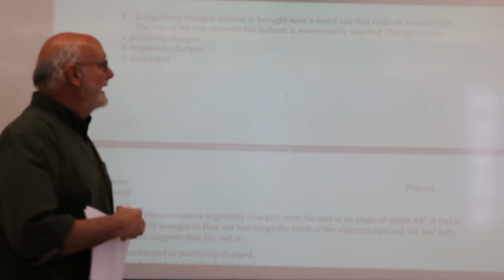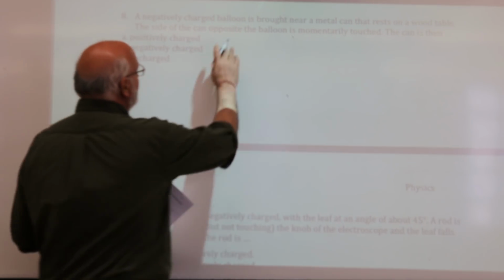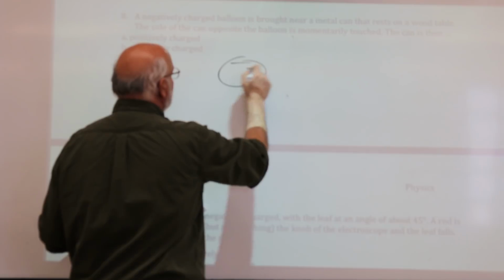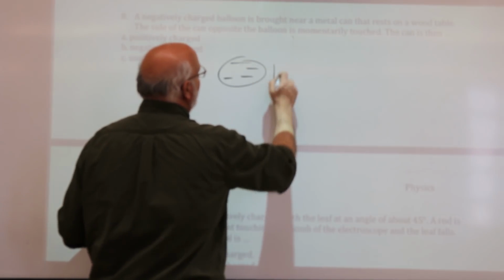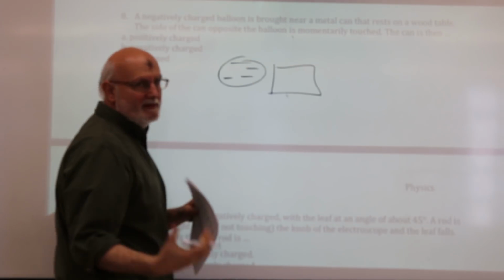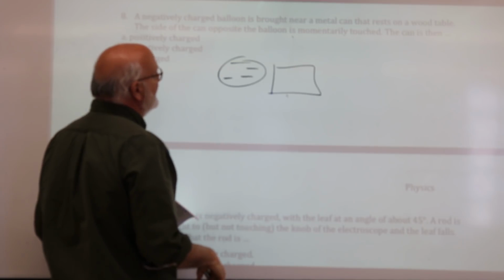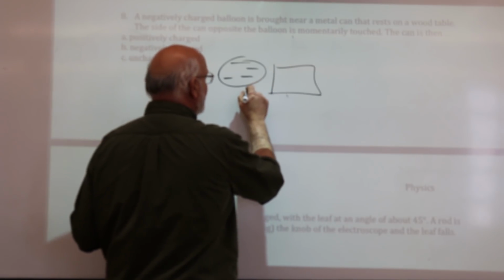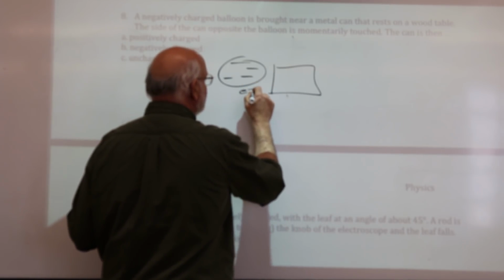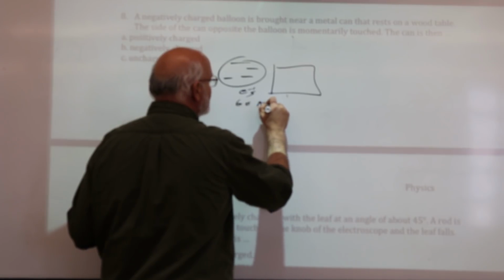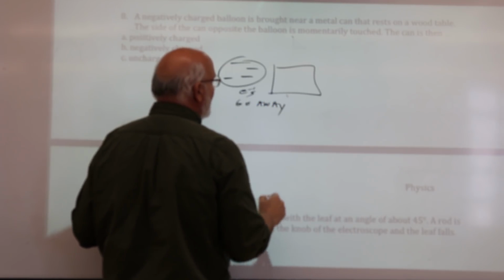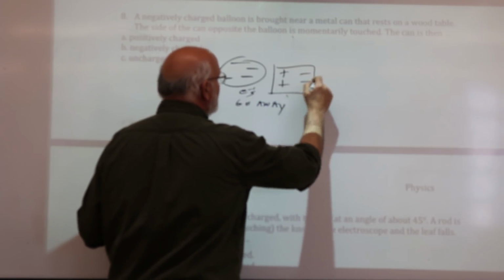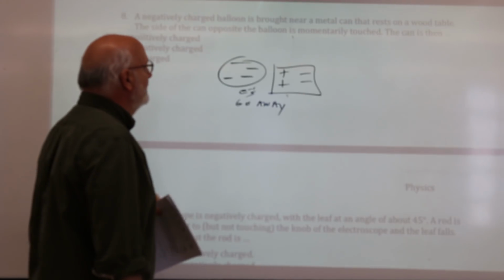All right, we're back. Picture. Negatively charged balloon. Hello, balloon. Is brought near a metal can. Rests on a wood table. That means it's insulated. The side of the can opposite the balloon is momentarily touched. So let's first see what happens. This guy's telling electrons, go away. So what's going to happen is we're going to get a positive charge here. We're going to get a negative charge there.